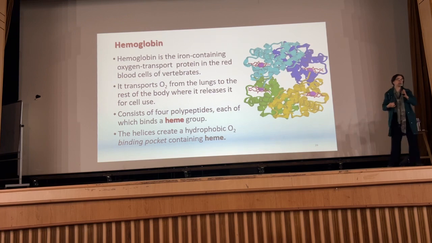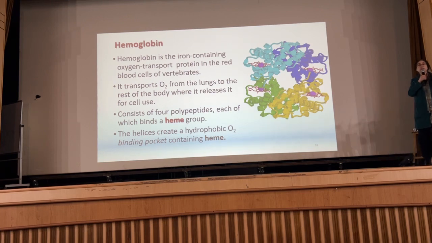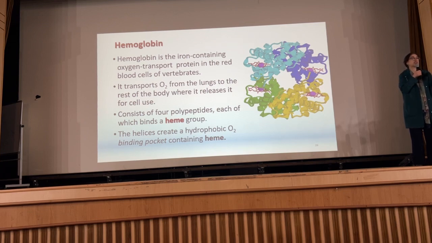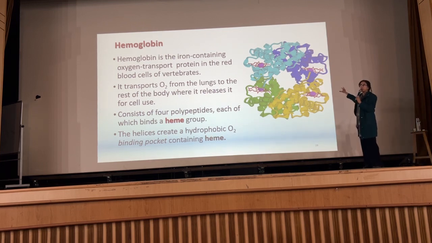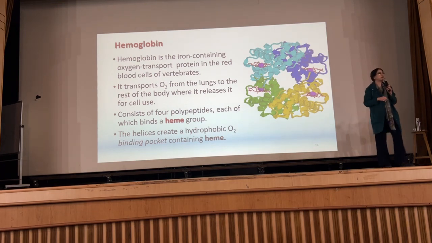I'll talk about the heme group in a minute. So hemoglobin has primary, secondary, tertiary and quaternary structure. The quaternary structure is the coming together of every 4 polypeptide chains, to work together, to function together.